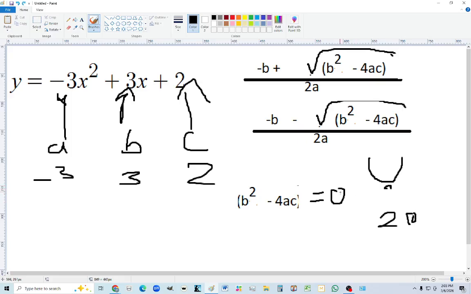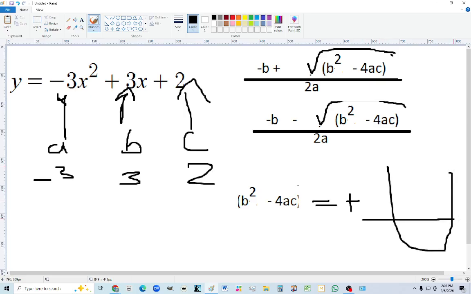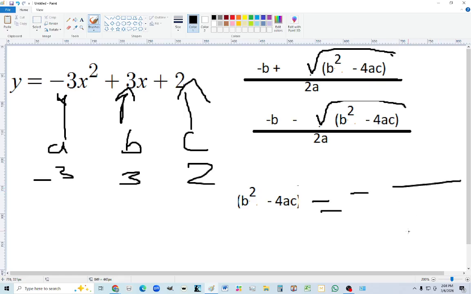When the discriminant is positive, in other words, when it comes out as a positive number, it has two real roots that are different. They cross the x-axis twice in two different spots. And when the discriminant is negative, it means that the parabola never crosses the x-axis.